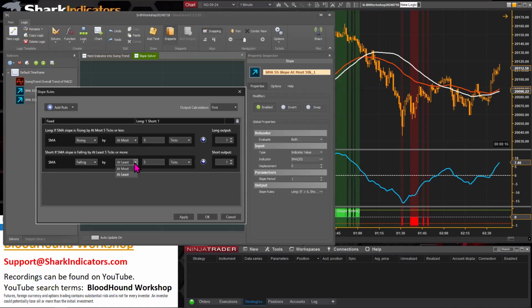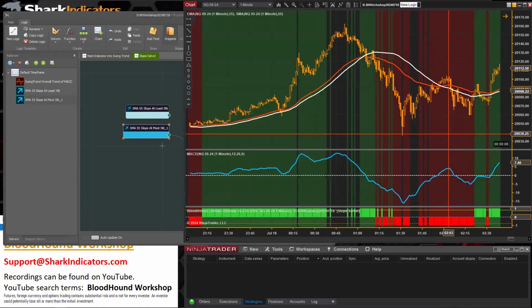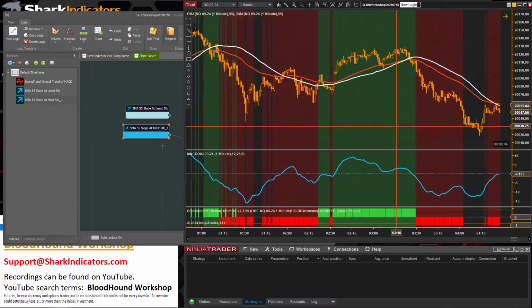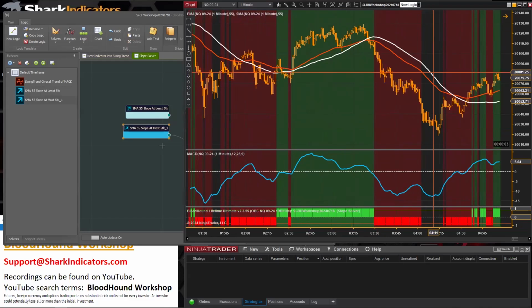So now we're looking for a maximum of 5 ticks, and we're going to get the opposite. Remember earlier, this steep area here was 5 ticks or more of slope.